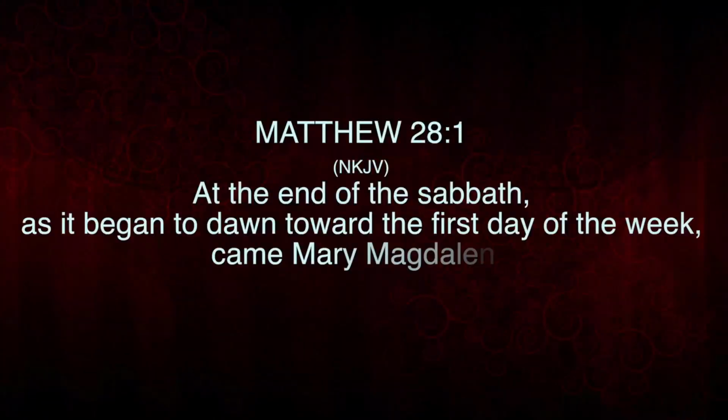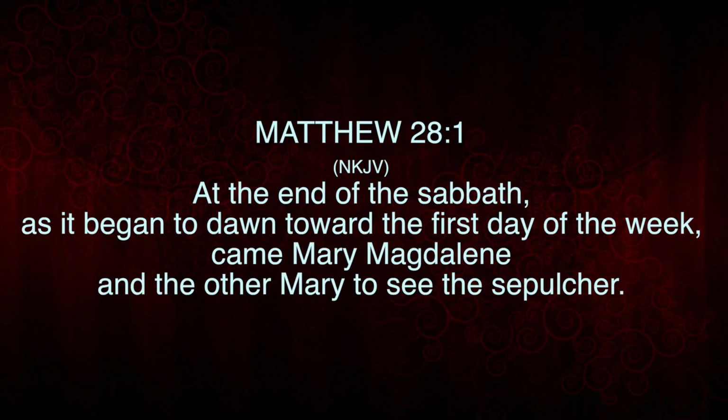If you look at Matthew chapter 28, you will see that it clearly tells you that the day begins from dawn to dawn. In Matthew 28, from verse 1, it says that at the end of the Sabbath, as it began to dawn towards the first day of the week, came Mary Magdalene and the other Mary to the sepulchre.